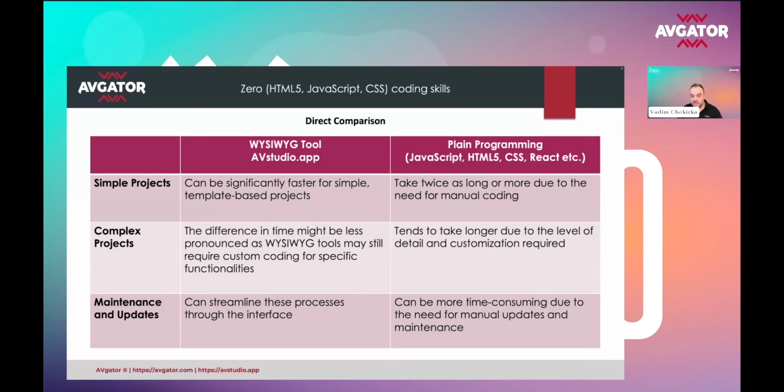Next, WYSIWYG. So why do we have AV Studio? Why do we have Crestron Construct? This is a tool which helps us to be more efficient. Which tool should we use? Okay, it depends on your project and what you're looking for, because there is different functionality with a different approach.